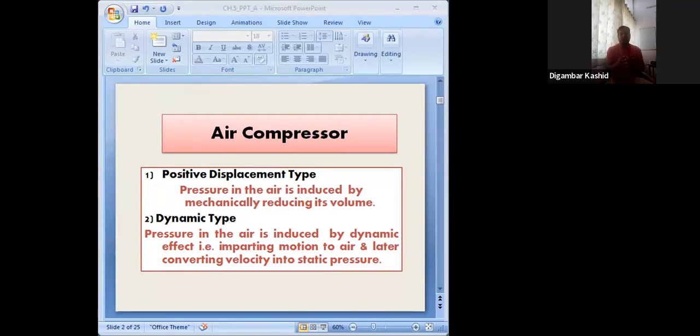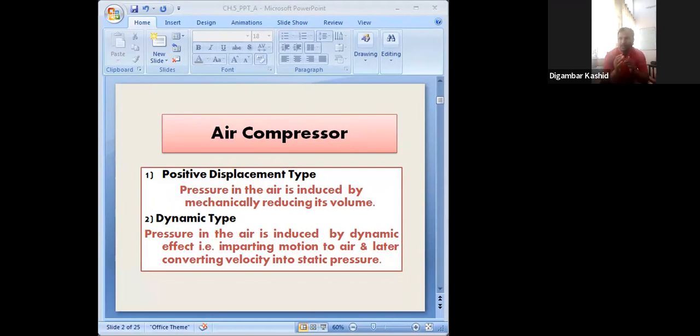As we know, the majority of pneumatic systems use compressed atmospheric air as a working medium, or working fluid, and the performance of the pneumatic system and its components mainly depends on that compressed air supply.